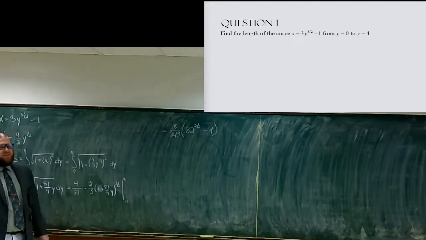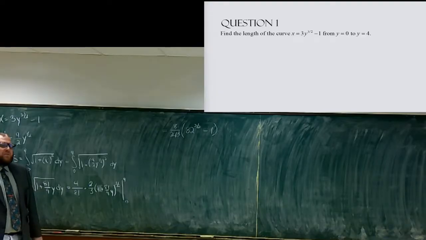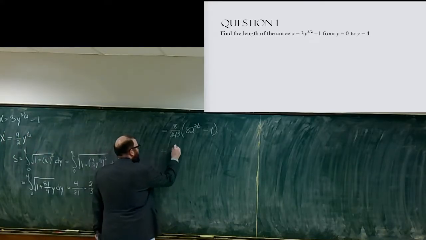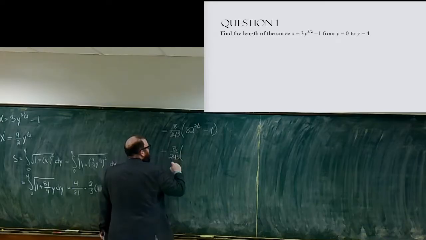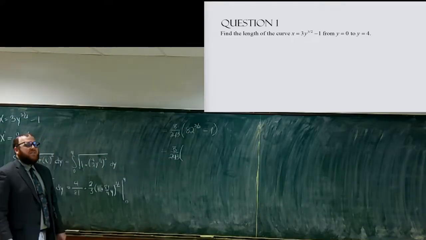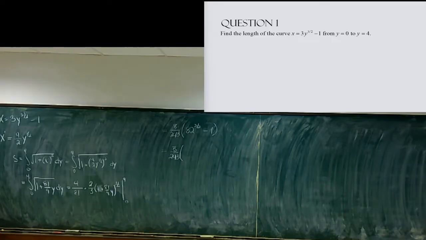While that is technically acceptable, we typically don't leave it in that form. 82 to the 3 halves is the same as 82 square root of 82. So the question is, can the square root of 82 be simplified? 82 is 41 times 2, and 41 is prime. So no, it can't be simplified.